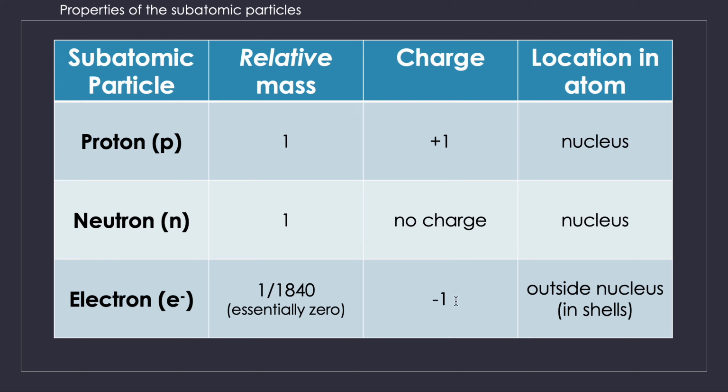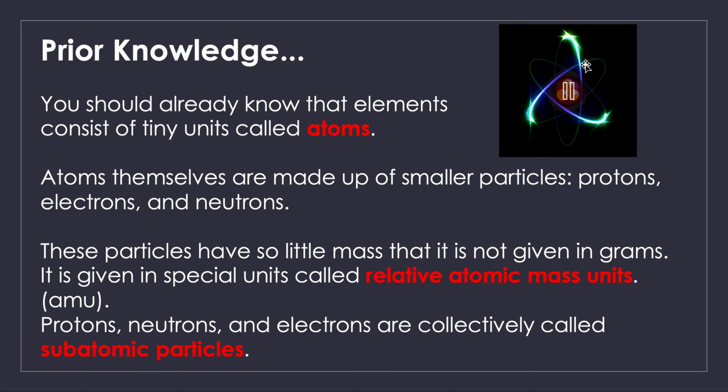The charge of the electron is -1, and the overall charge of an atom is given by the number of protons and the number of electrons. If the number of protons equals the number of electrons, then the atom is neutral, and the electrons are located outside in electron clouds. Here in this animation, the particles floating around are the electrons, and inside we have the nucleus, where we have protons and neutrons.